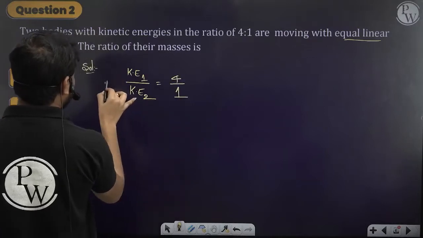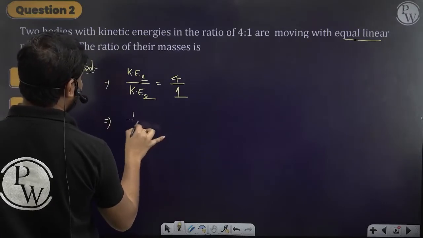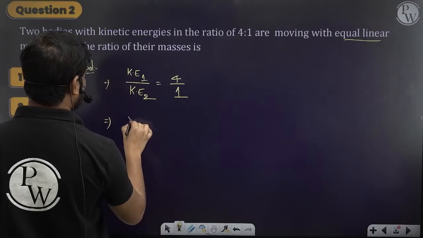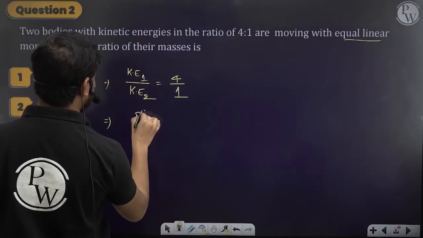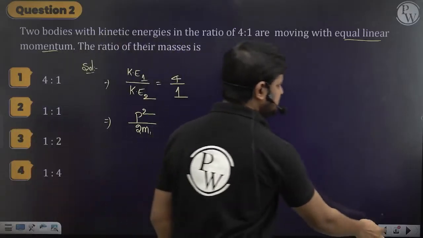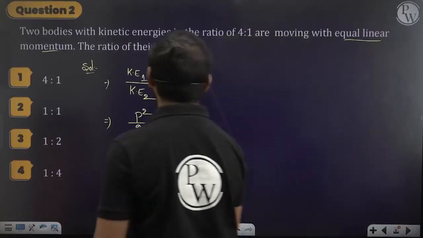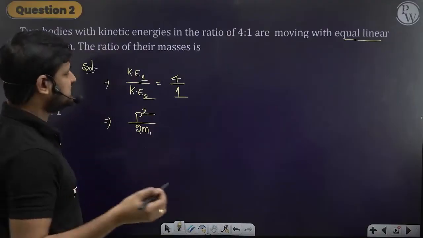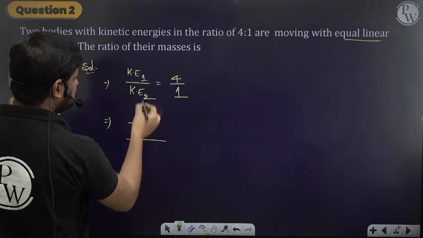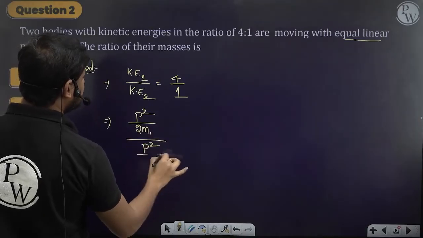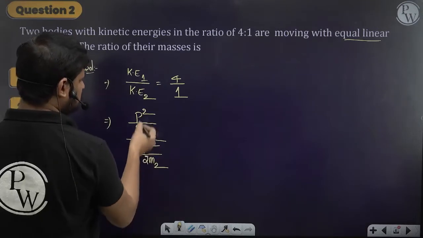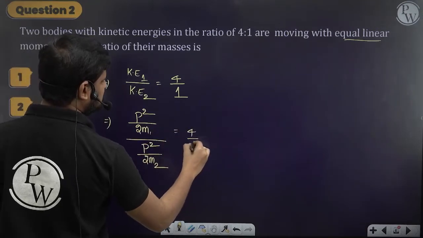Kinetic energy is equal to p square by 2m, right? I am using that because they said the linear momentums are the same, so in place of p, let it be p. So kinetic energy 2 is again p square by 2m2, since the mass of the second one is different. They both have the same momentum.